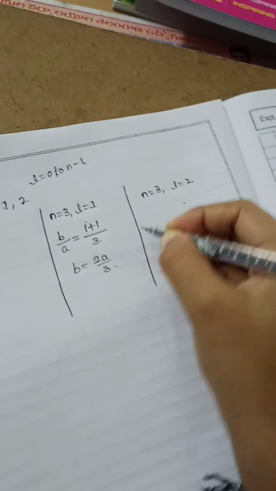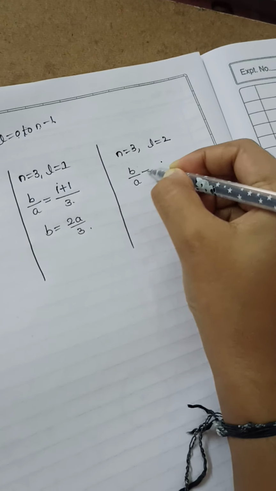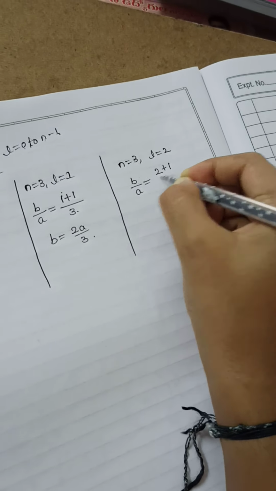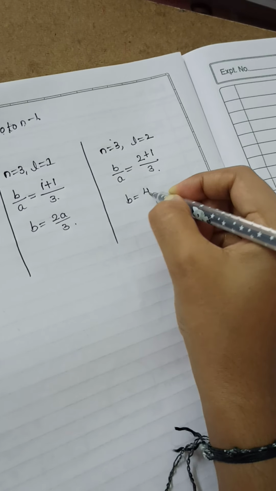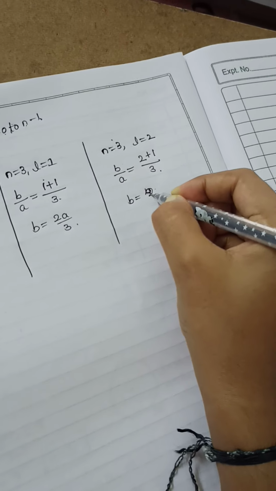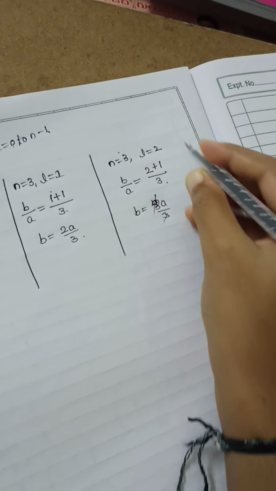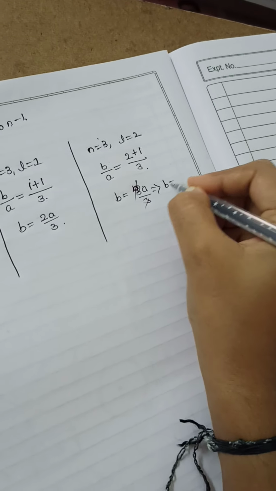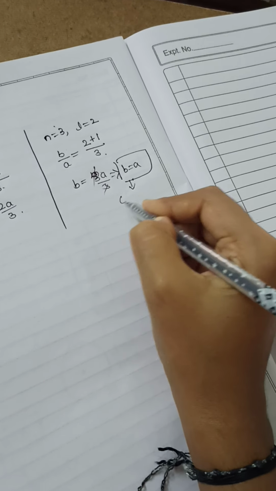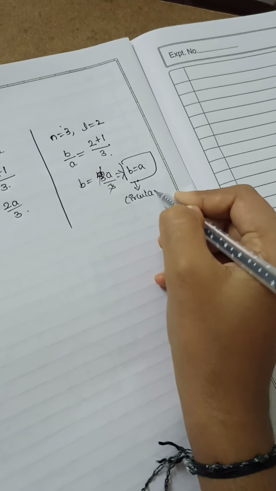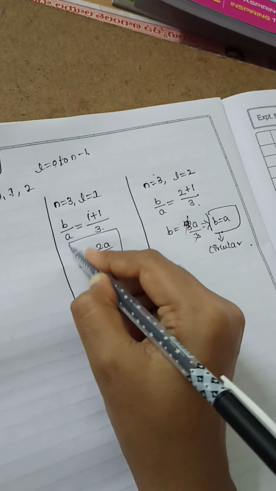And in this case, b by a is equal to (l plus 1) by n, n is equal to 3, that is b is equal to 3a by 3, the 3 gets cancelled here, b is equal to a. So in this condition the electron is in a circular orbit. In this case the electron is circular, and in this case it is an ellipse. It is also an ellipse.